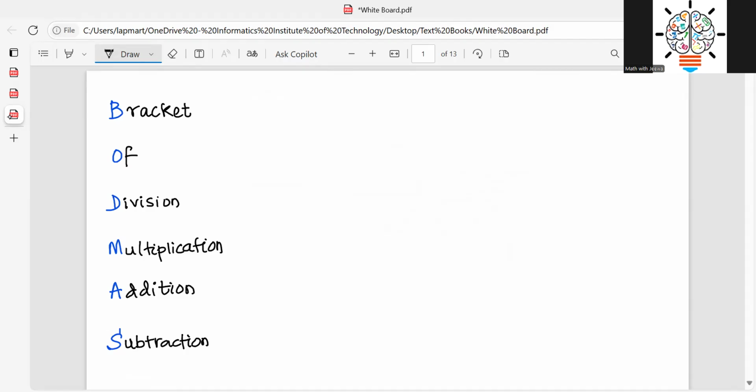When we deal with the bracket, we can see addition and subtraction is also inside the bracket. According to this order, we can't take the addition and subtraction before division and multiplication, right? We do the addition and subtraction later. They are the last members in the list, therefore I can't take them first.